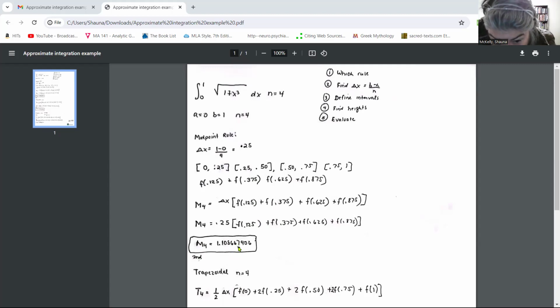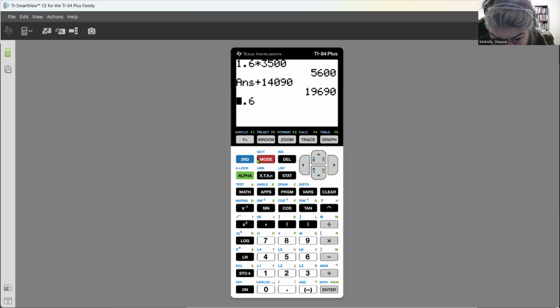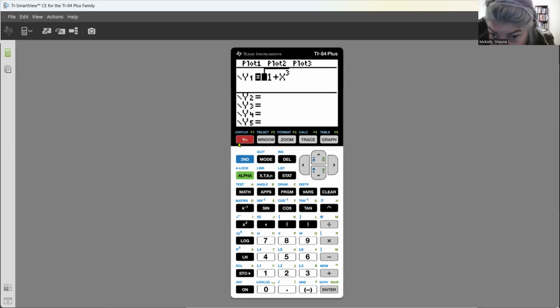So let me show you that 0.125, 0.375. There's a couple of things you can do. You should start by putting the function into your y1.